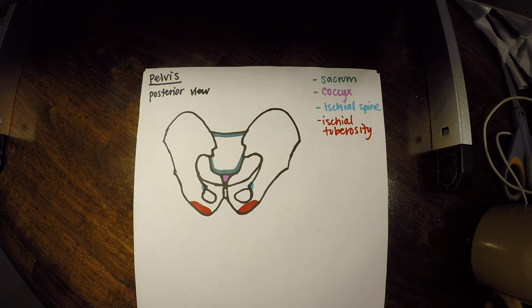Alrighty, so now that we have those 2 landmarks, I want us to learn about a few ligaments that attach to those landmarks. They're pretty important because they can be sources of pain, but they're also sources of stability. So our first ligament that I want us to learn is our sacrospinous ligament.